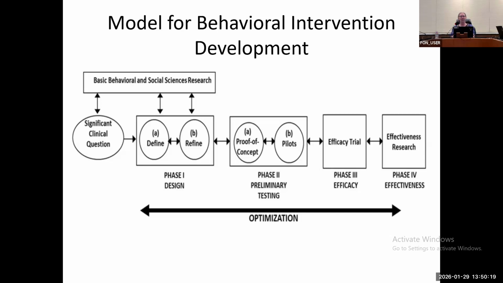If you're powering for showing an effect of the intervention, then you take your primary outcome variable and look in the literature for an intervention that is maybe similar to yours that was done in a different population, and look at how many people they needed to show a difference between the intervention and control. And that is the effect. Another way to look at it is the effect size of the intervention.